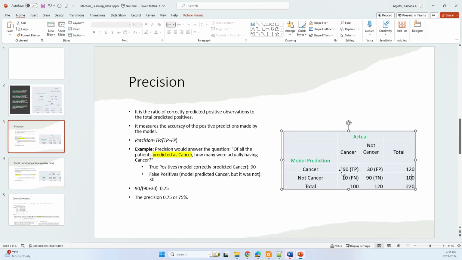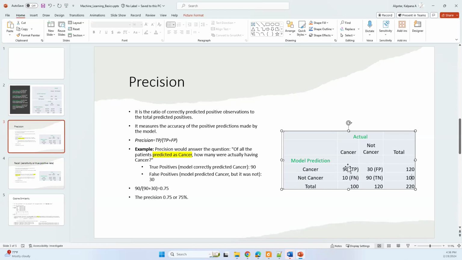In this scenario, we can see that the patient actually has cancer and that matches the ground truth, it's 90 patients. The model is correctly predicting 90 patients, that is true positive, and 30 patients do not have cancer, but the model is telling it's having cancer. So the model is wrongly predicting positive.